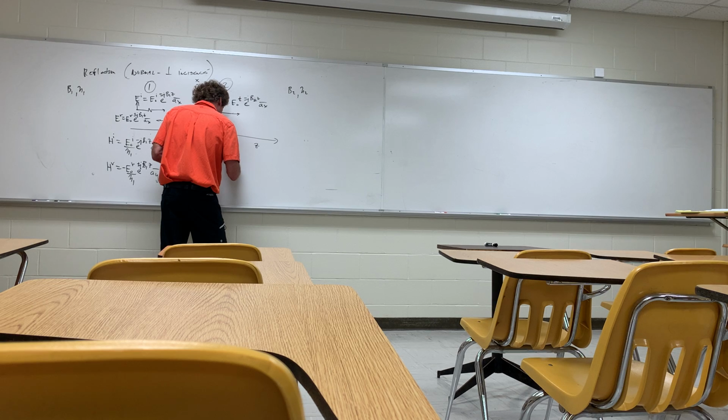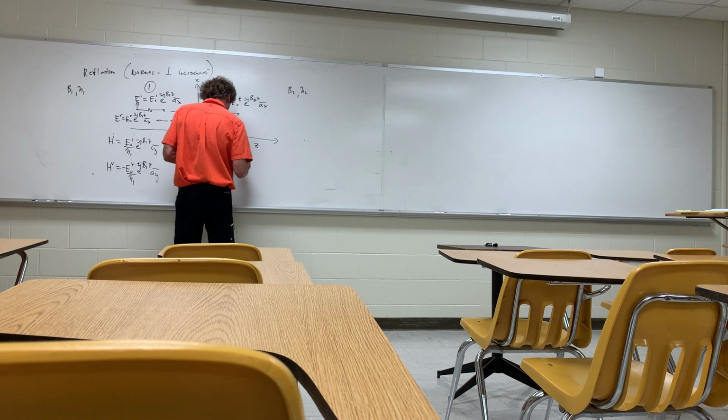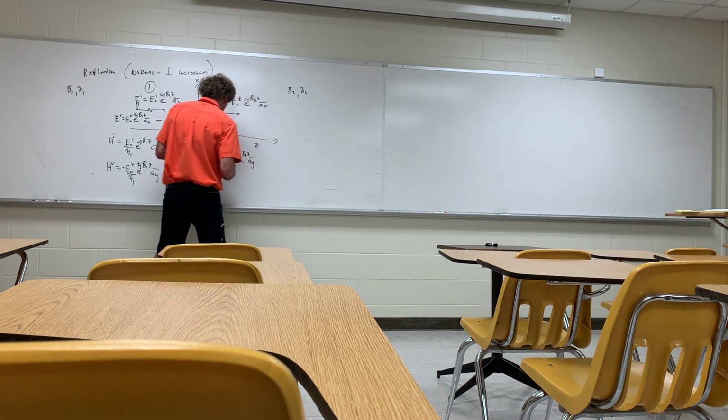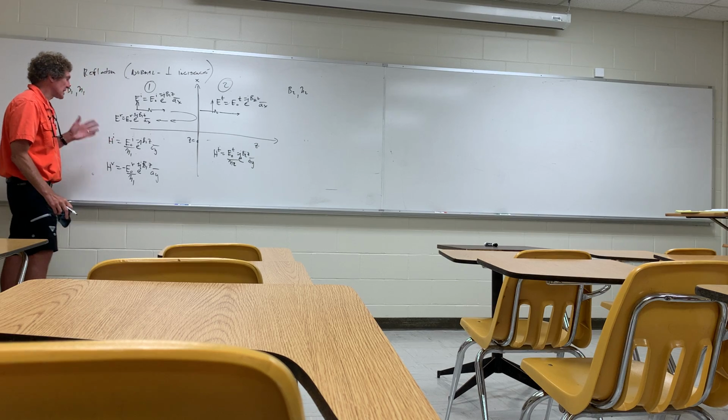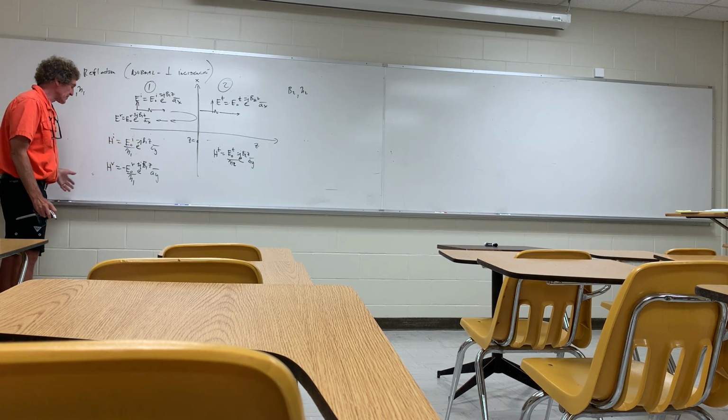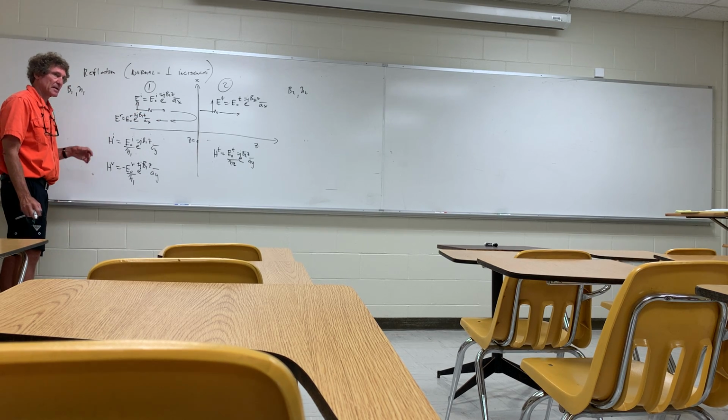And then you would have a transmitted H field, which is really E naught transmitted over eta 2, times e to the minus j beta 2 z in the a_y direction. So we've got incident and reflected electric field, transmitted electric field, incident and reflected magnetic field, and transmitted magnetic field.